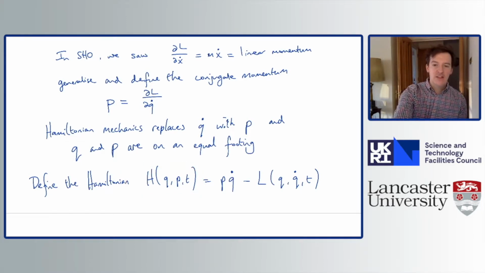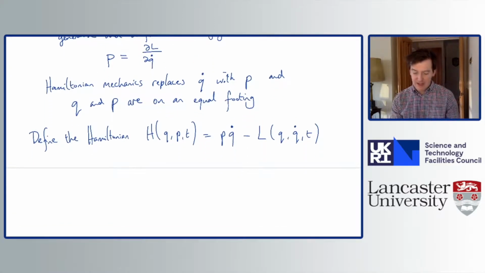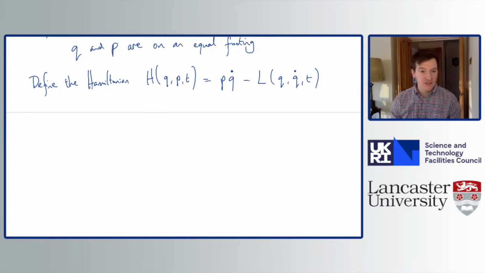Next I want to manipulate this Hamiltonian, this H function, and show how you can derive an important set of equations called Hamilton's equations. Hamilton's equations are what are going to allow us to work out the equations of motion in this formalism. So let me show you how we can derive them.